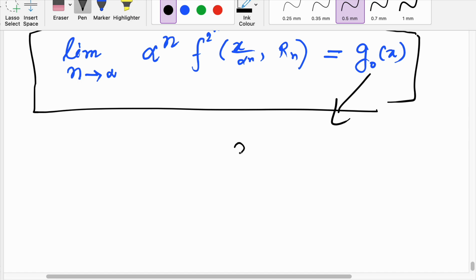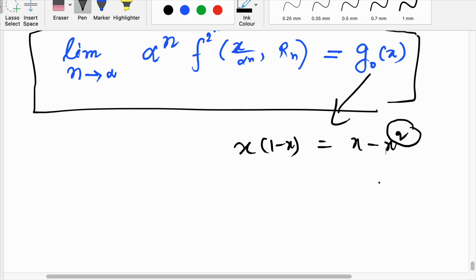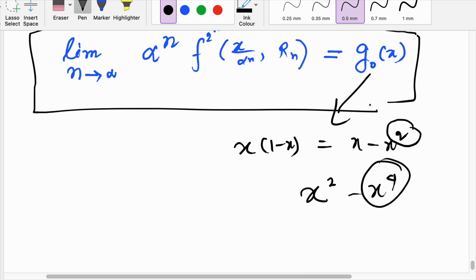Suppose in the case of logistic, you have x into 1 minus x, so this is quadratic, x minus x square. So it only depends on the highest power of this function. If instead of quadratic it becomes cubic or some other order, you will get another result. Suppose something like x square minus x4, whose maximum order is x4, then this function will change. So it only depends on the highest exponent of the map. So this is the renormalization.